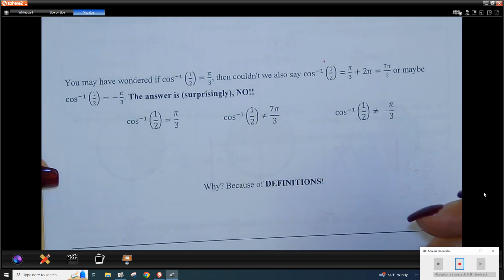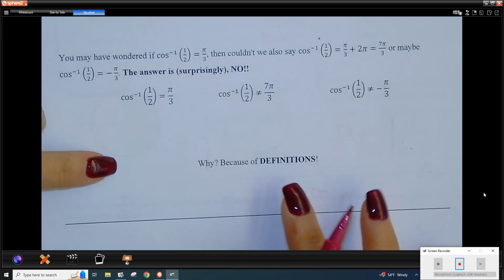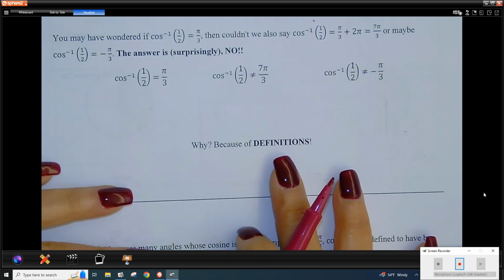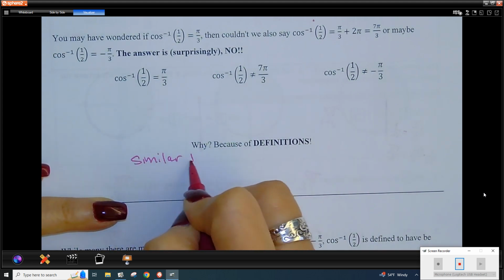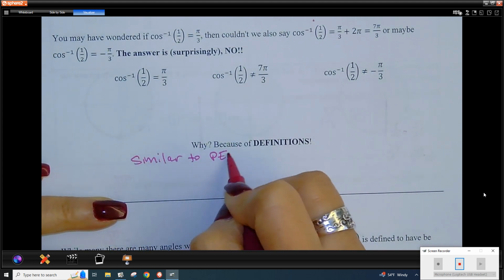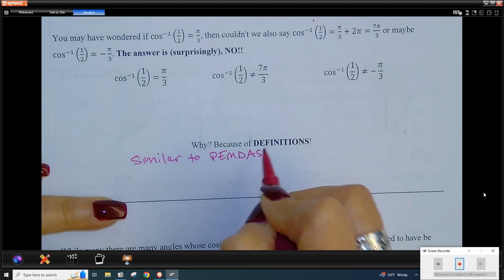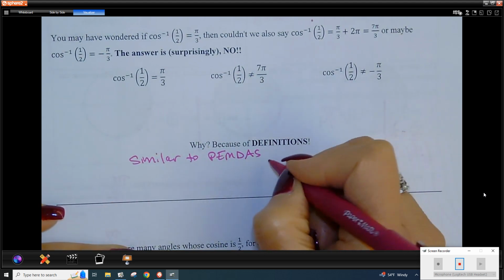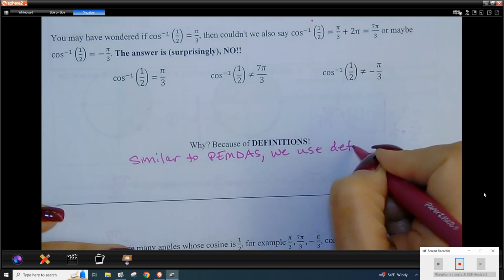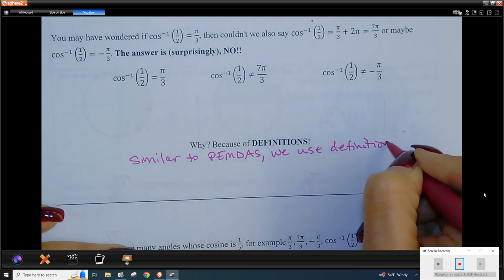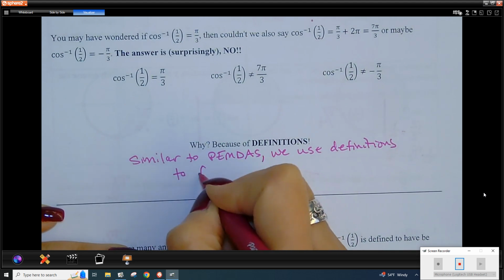No. Why? Because of definitions. So similar to PEMDAS, since there are multiple ways you could find the angle, we use definitions to find the angle.